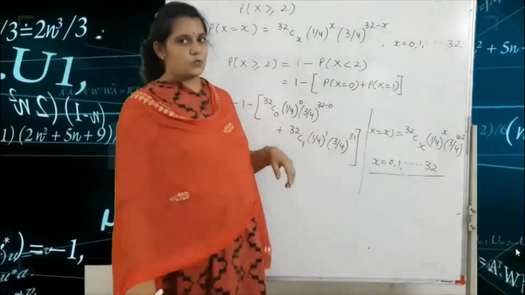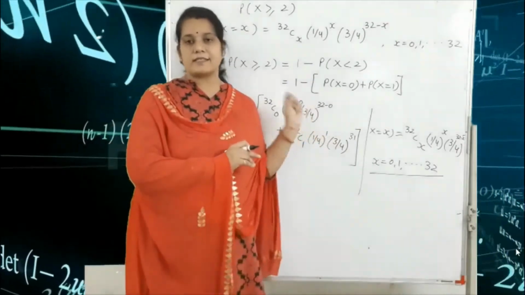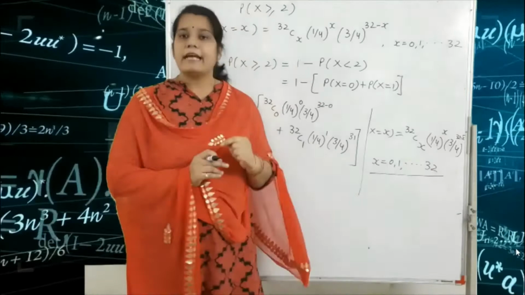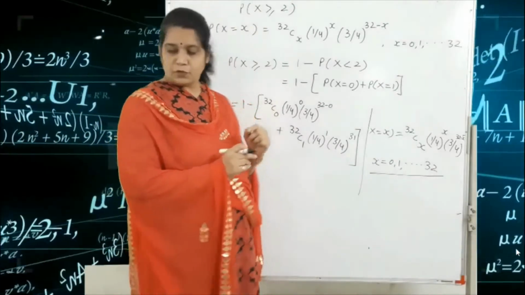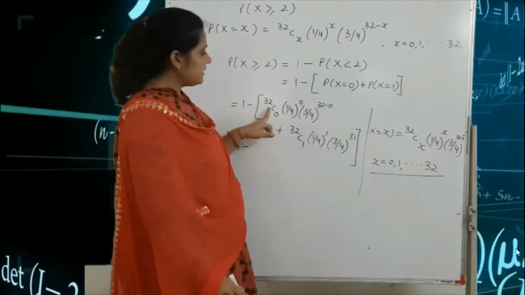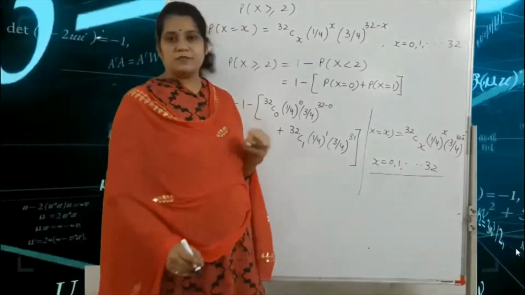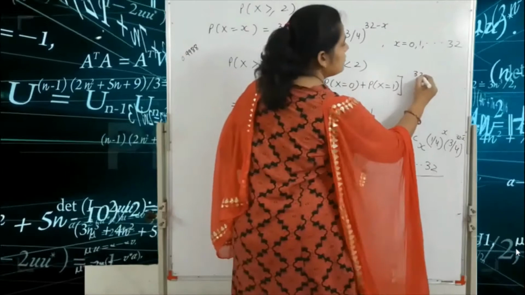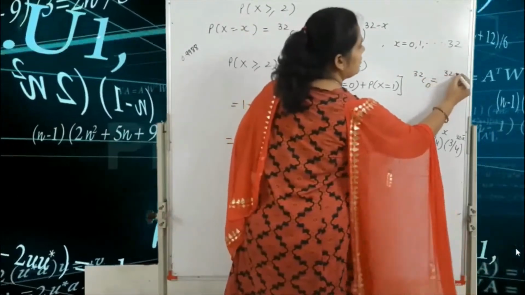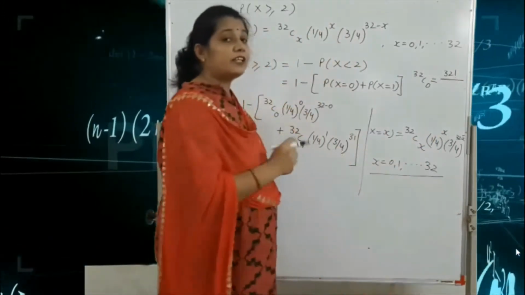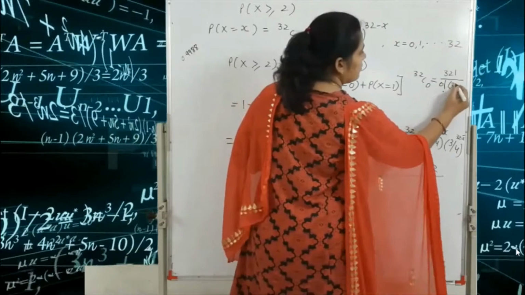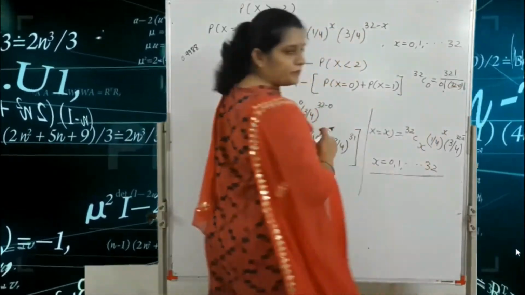After that we solve these terms and we get the value of P(X ≥ 2). So 1 minus 32C0, which is 1. Why? 32C0 is factorial 32 over factorial 0 times factorial (32 - 0).